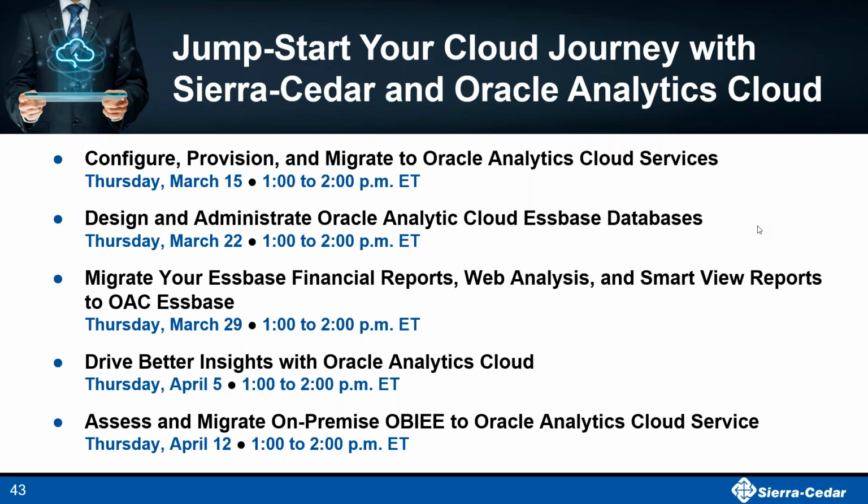One of the things I find very beneficial for sizing OAC is that you can change your shape size, allocate more resources to a production environment versus a development environment, and move resources around. But go ahead, Bob.